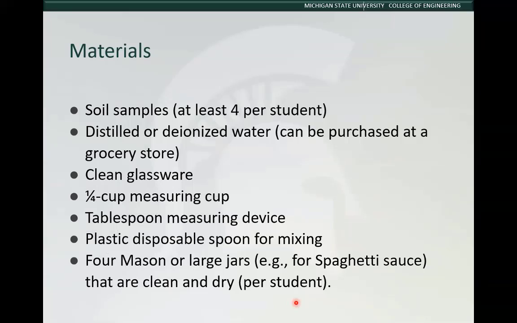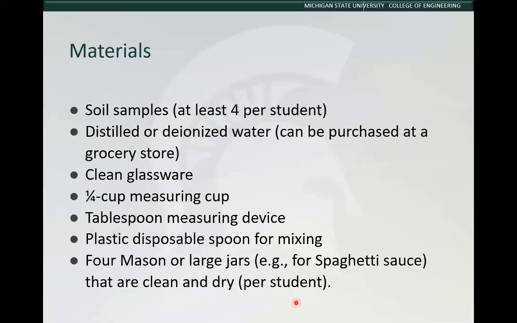So what you will do is you will need to obtain 4 soil samples. Each student will obtain 4 soil samples. You'll need distilled or deionized water. If you are located in the East Lansing area, I can get you distilled deionized water from the lab.